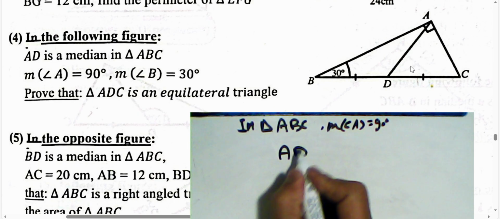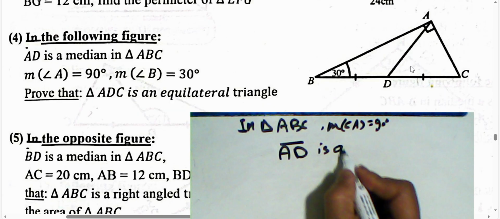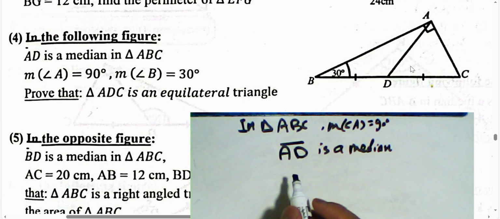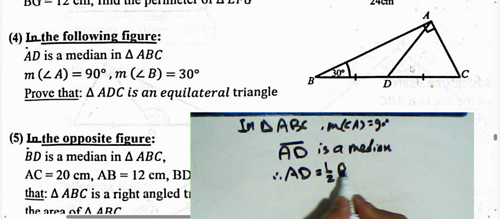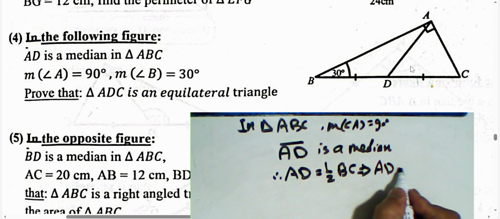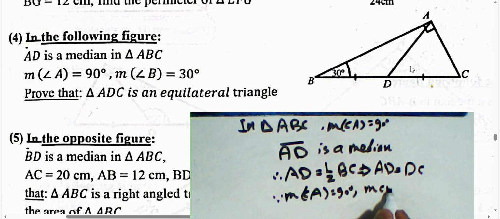And AD is a median in this triangle. Then AD will be half of BC, which means AD will be equal to DC, such that the measure of angle A is 90 and the measure of angle B is 30.